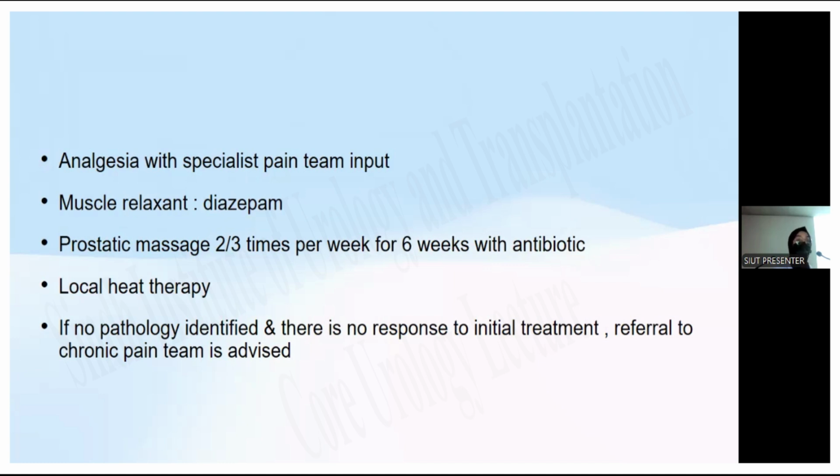These patients are also advised prostatic massage, as we do for chronic bacterial prostatitis. This massage is done at least 2 to 3 times per week for 6 weeks with an antibiotic. And then local therapies like local heat therapies. Mainly, what helps the patient is encouraged to continue.